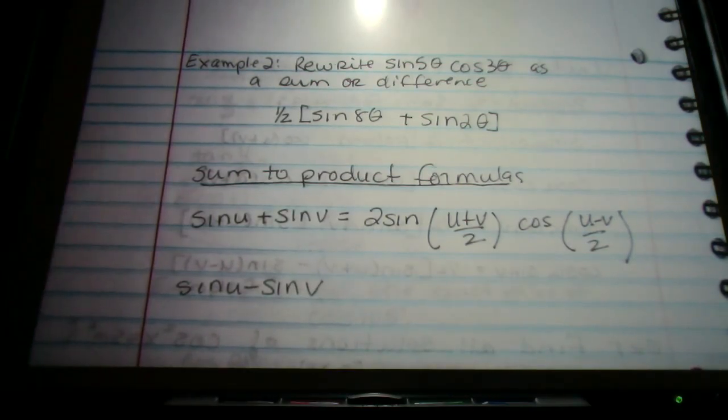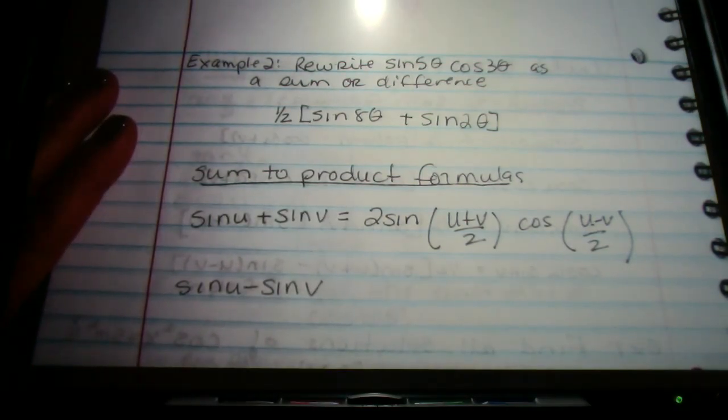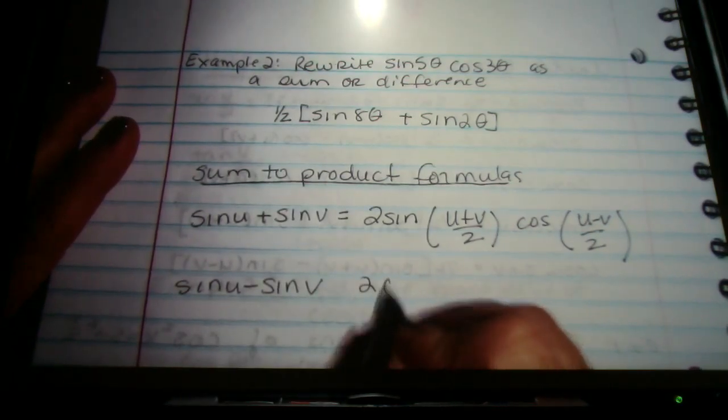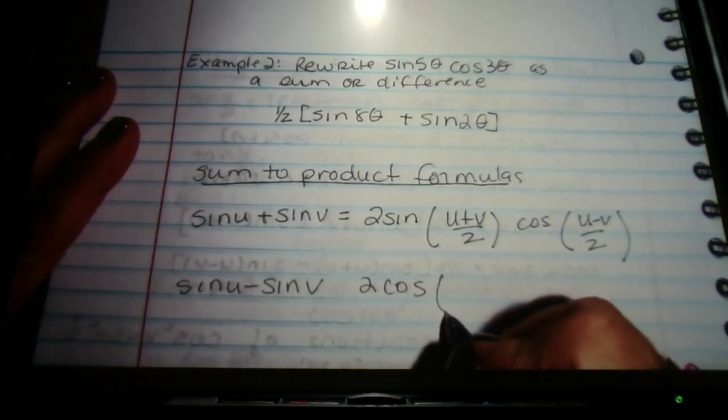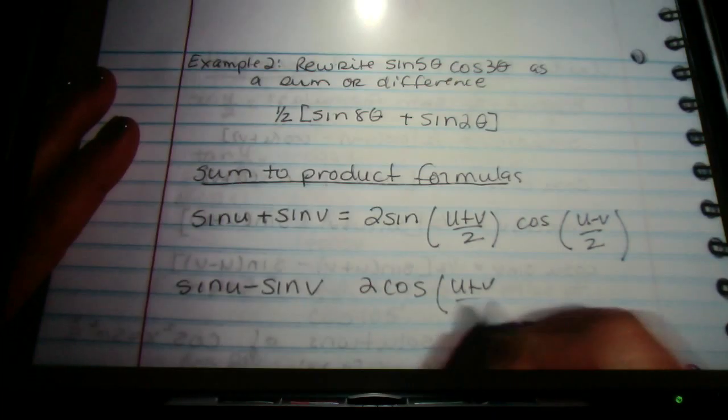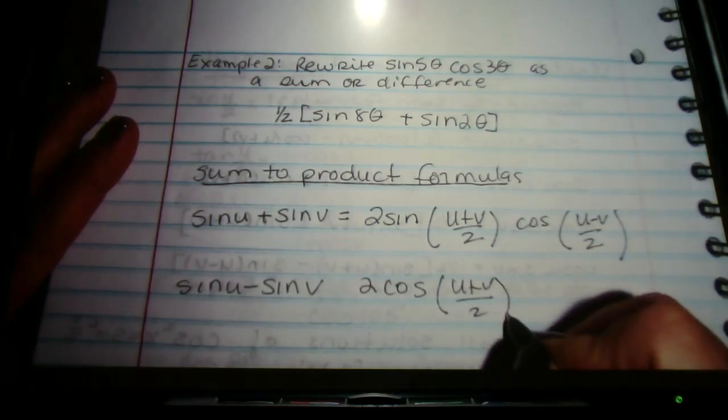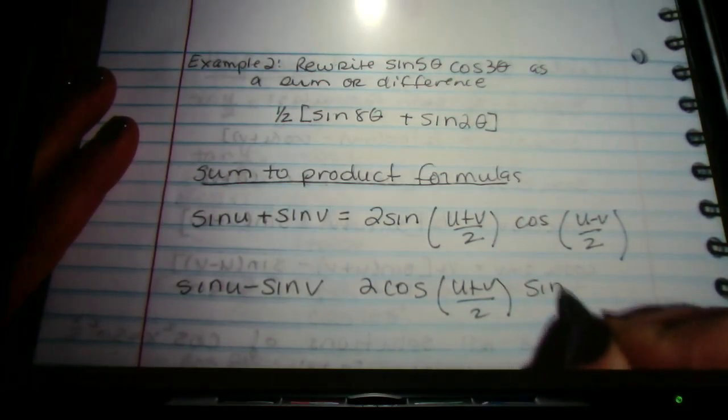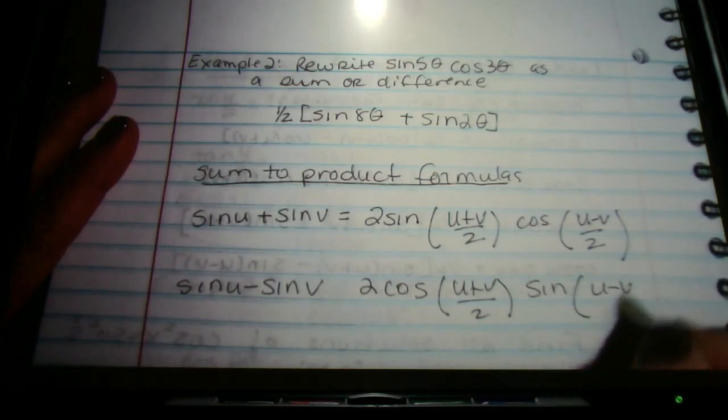Then sine of u minus sine of v is 2 cosine of the sum divided by 2 times the sine of the difference divided by 2.